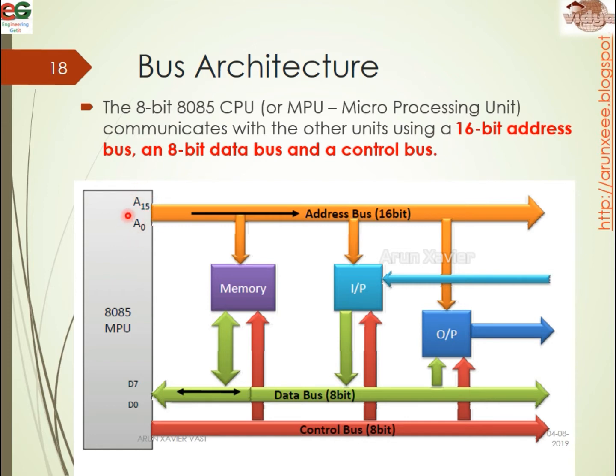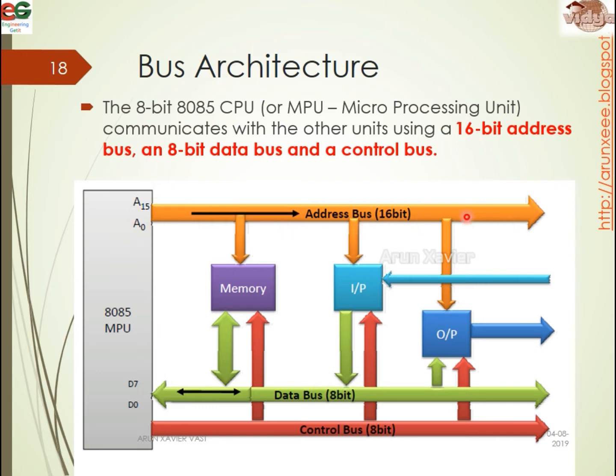Actually we have only 8 bits, but by the multiplexed use of the data bus, that means sometimes we are using this bus also as an address bus, and combining this 8-bit and this 8-bit, we get a total of 16 bits. That is why A0 to A15 is written here.